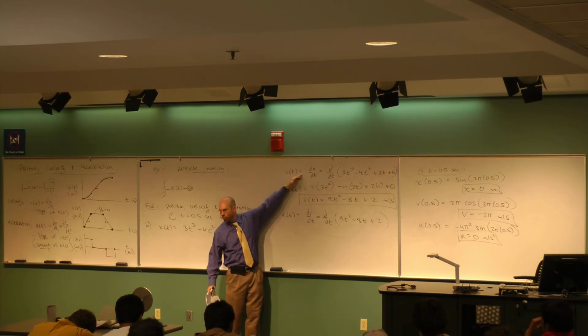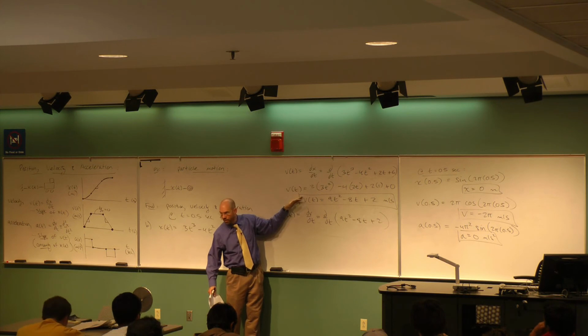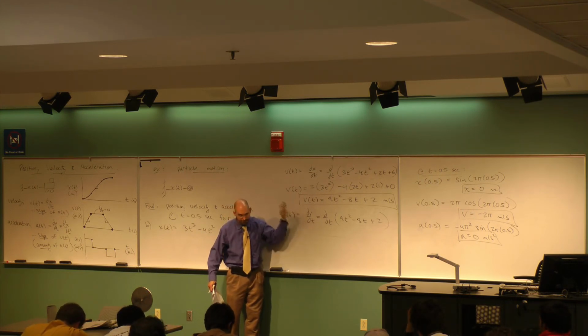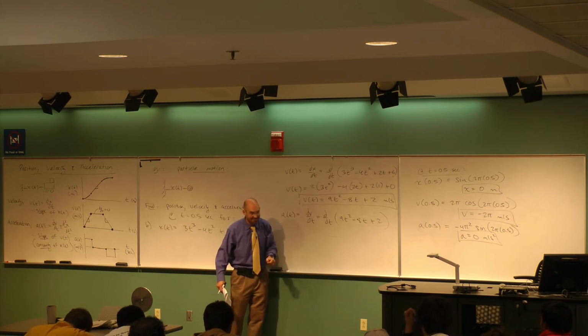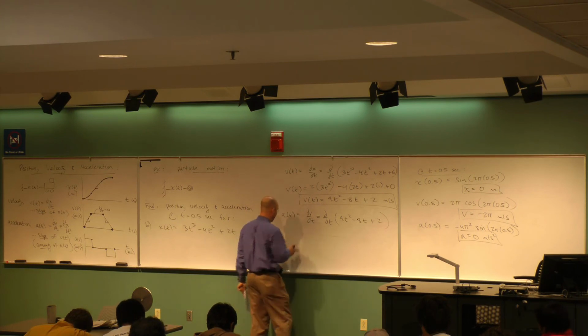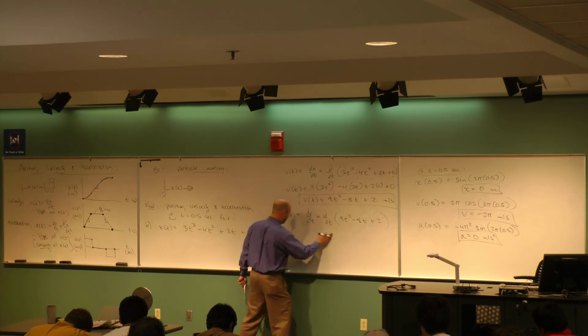Incidentally, I started with a cubic, so when I take the derivative, I get what kind of function? Quadratic. Now I've got a quadratic, and I'm doing a derivative again, so what am I going to get? A line. If I took another derivative, I'd get a constant, and then one more time would give me 0. So I'm stopping at acceleration.